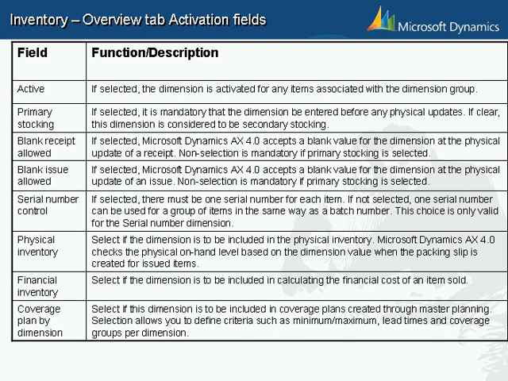In the dimension group form, you can enable a lot of options such as active, primary stocking, blank receipt allowed, blank issue, serial number control, physical inventory, financial inventory, coverage plan by dimension.